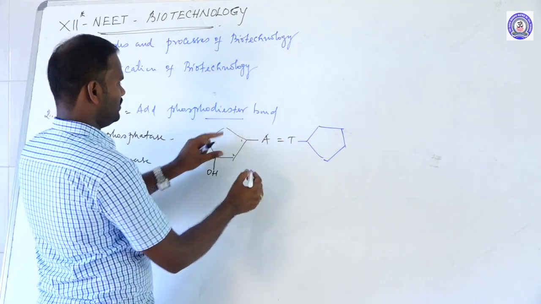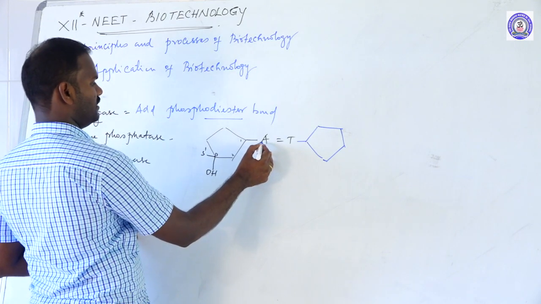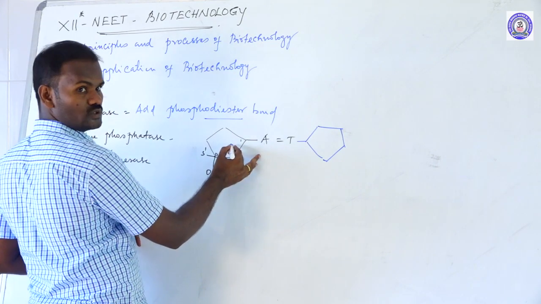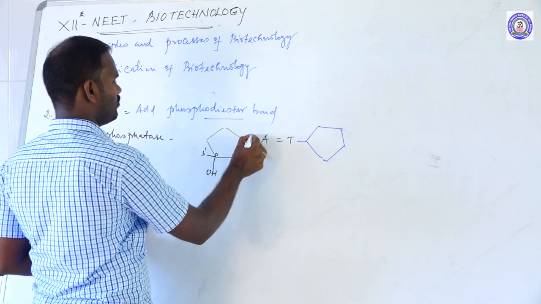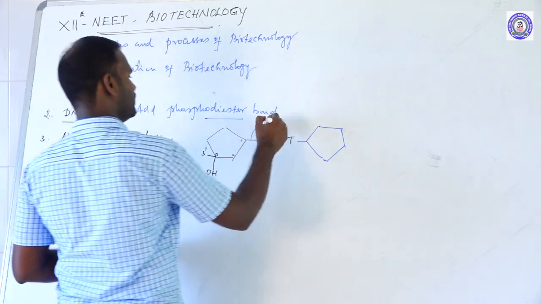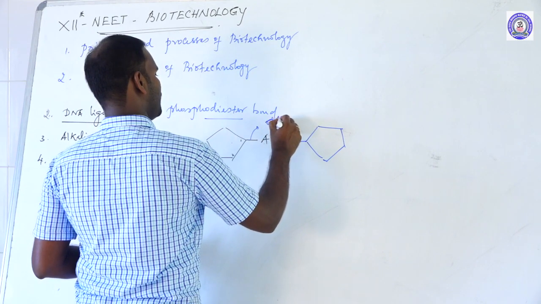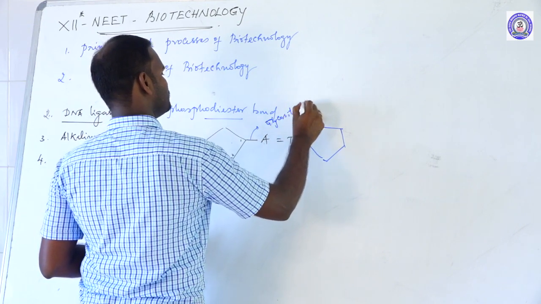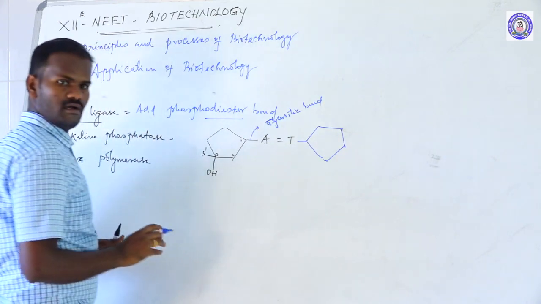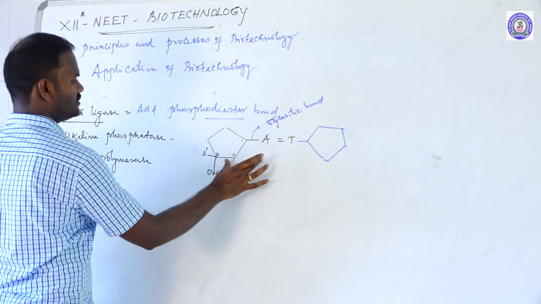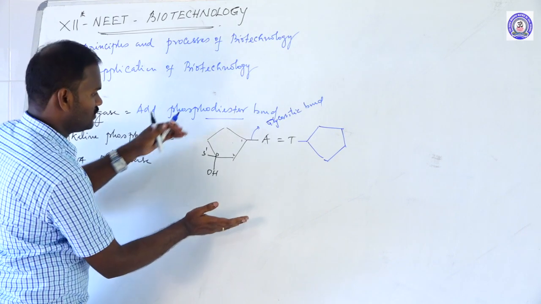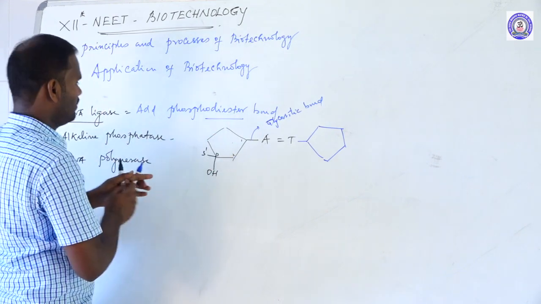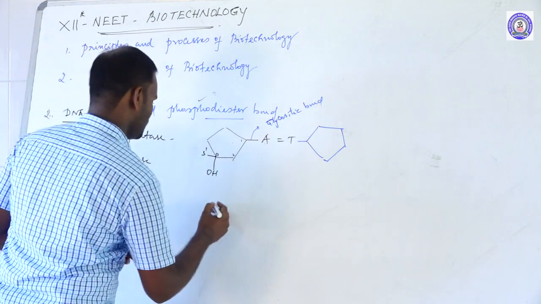It is one nucleoside. What is called a nucleoside? Nitrogenous base plus sugar. These nitrogenous bases attach to the sugar molecule by a bond called a glycosidic bond. And these nucleotides are joined by producing a phosphodiester bond.